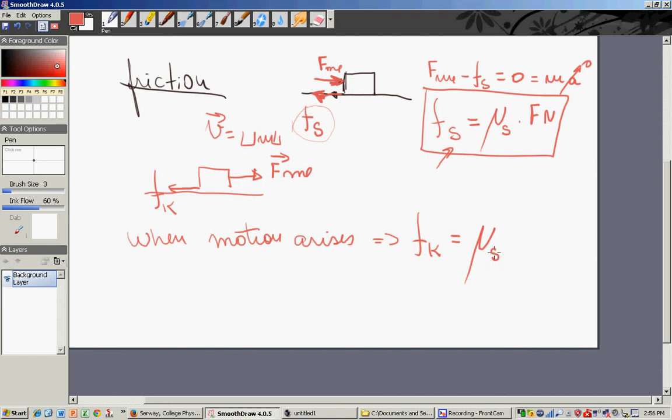So in static friction there is no motion. The friction is called kinetic. So we are talking about kinetic friction. And the kinetic friction is always equal to a coefficient of kinetic friction times, again, the normal force.